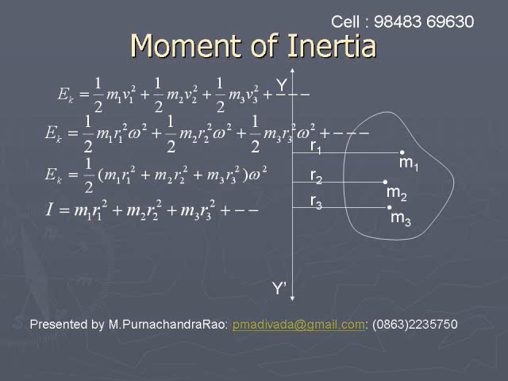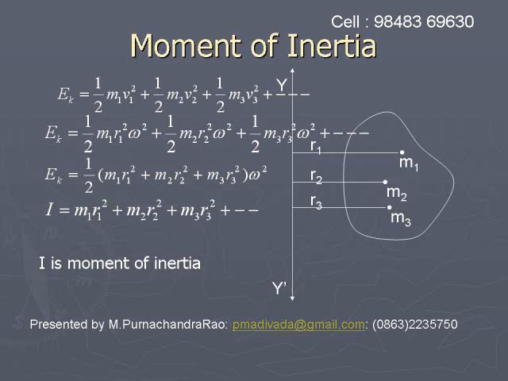By taking them common, Ek becomes half into (m1 r1 square plus m2 r2 square plus m3 r3 square plus so on) multiplied by omega square.